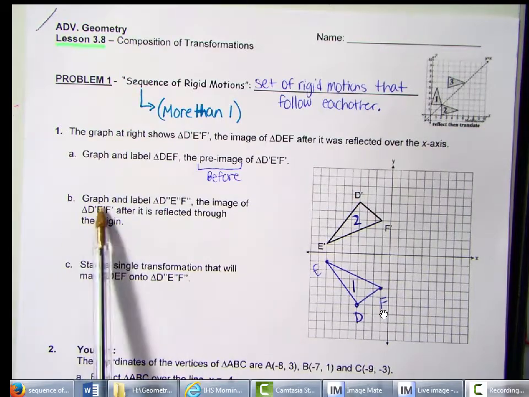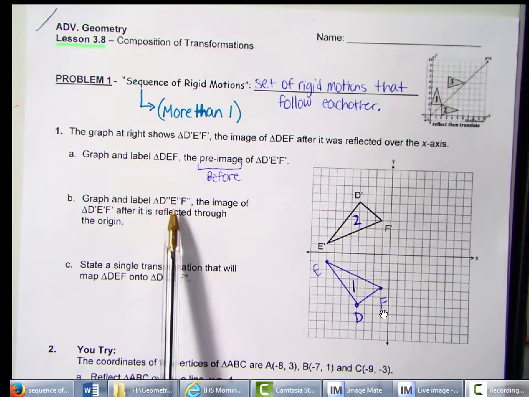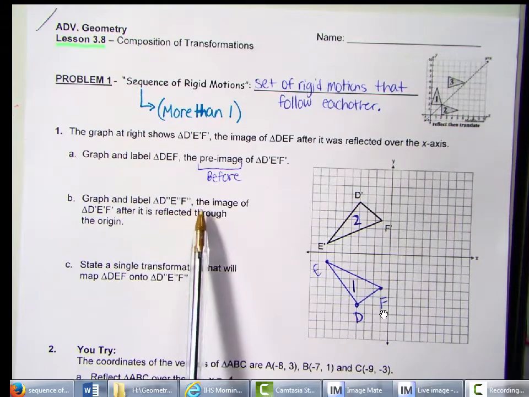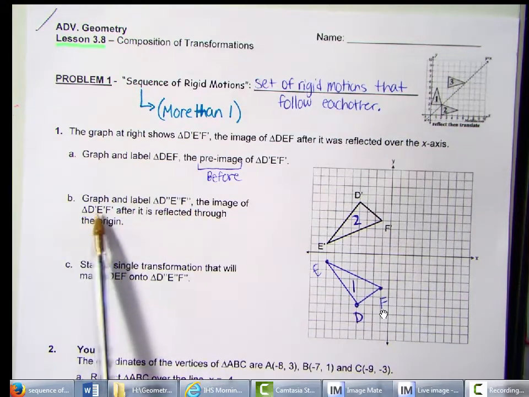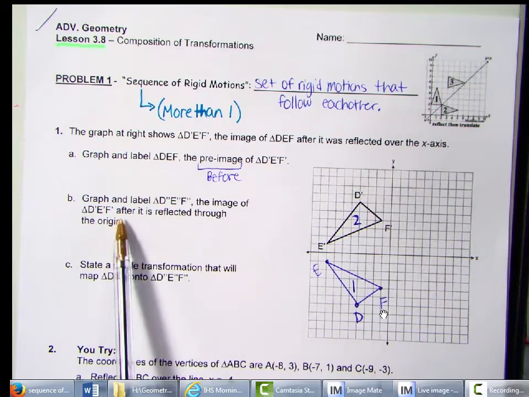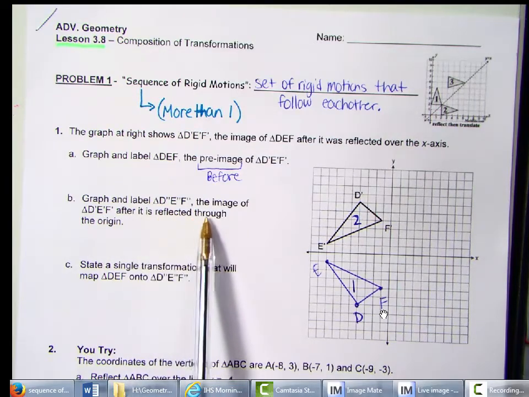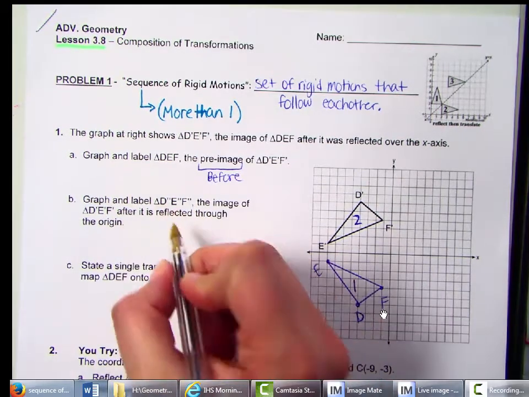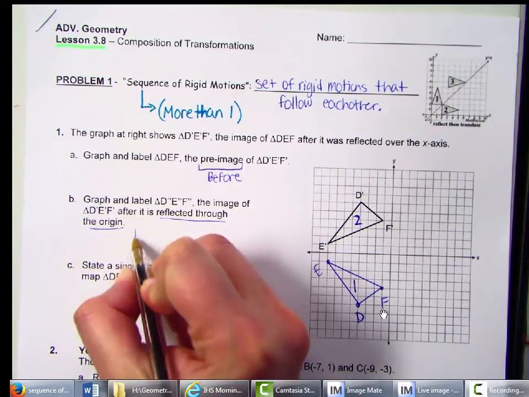Part B, graph and label D double prime, E double prime, F double prime, the image of D prime, E prime, F prime, after it is reflected through the origin. Reflected through the origin, that's a point reflection.